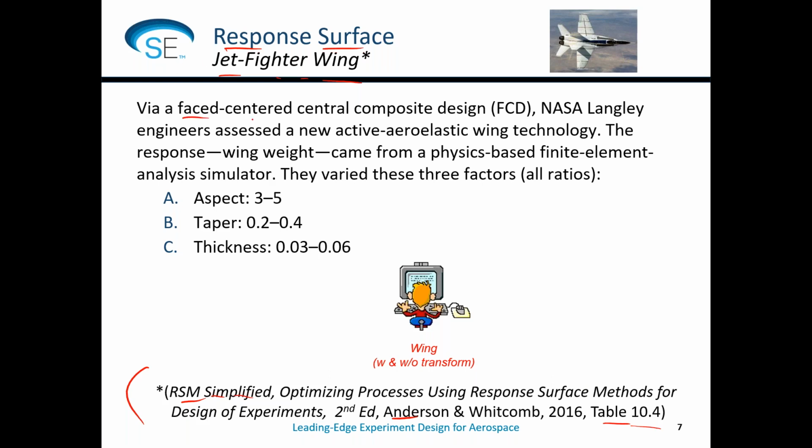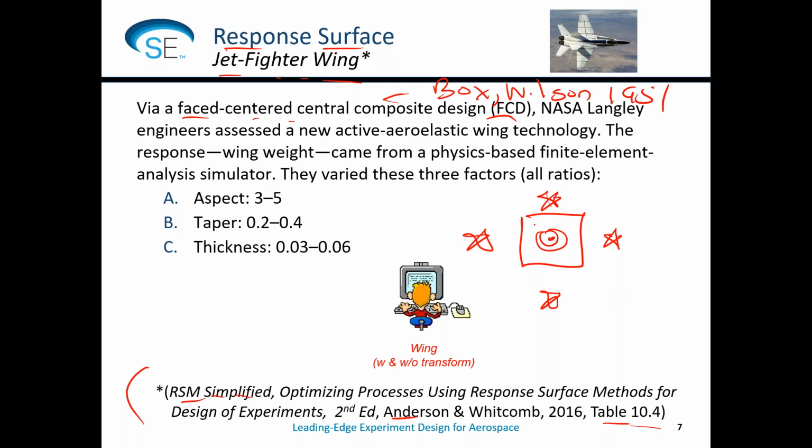And they use what's called a face-centered central composite. The central composite is comprised of the factorial with center points. And normally you put the axial points outside of the box. And this is a design that Box and Wilson invented in 1951. And they had suggested you go outside of the box, but a lot of people have trouble getting that far out.